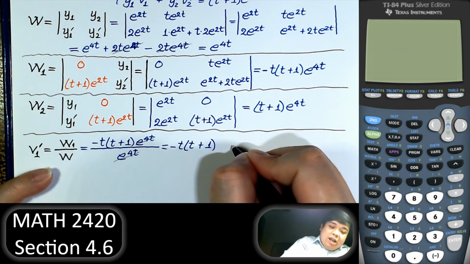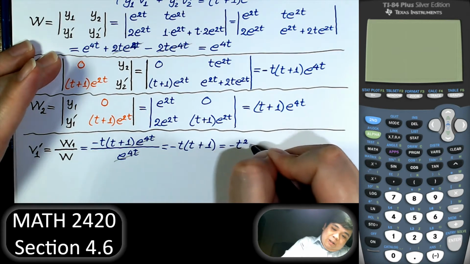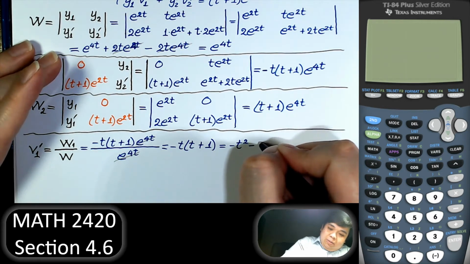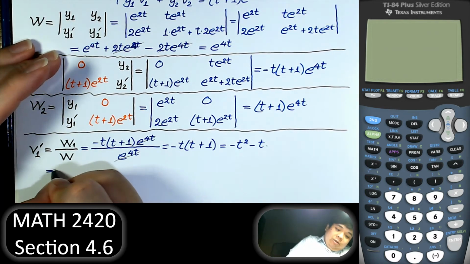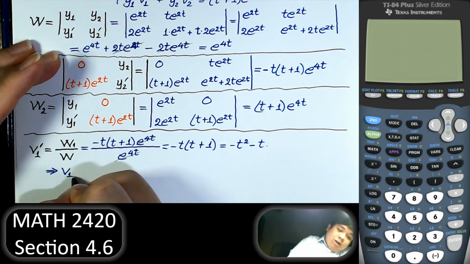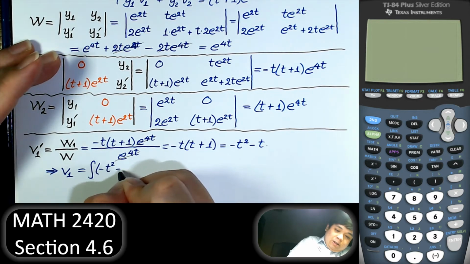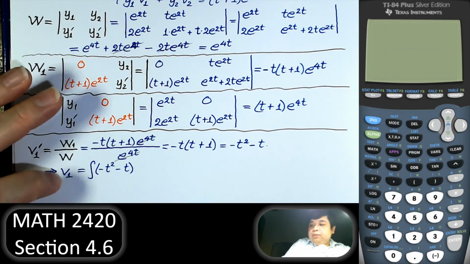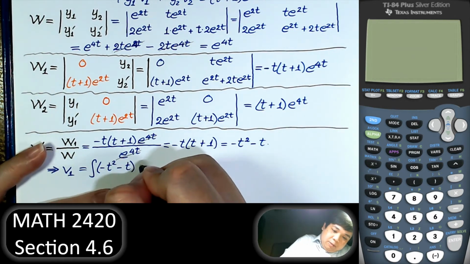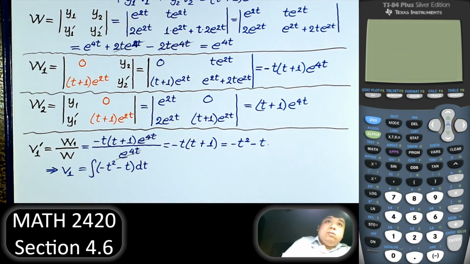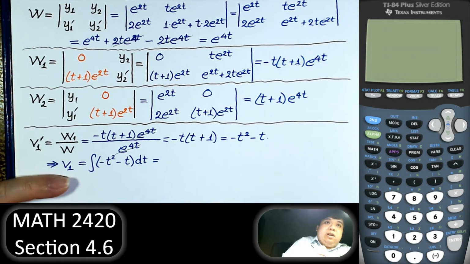Because I can multiply this out. Now if that is the derivative, I can easily get back to the function by integrating that. So what do we have here?